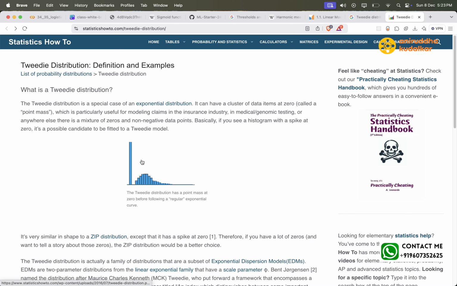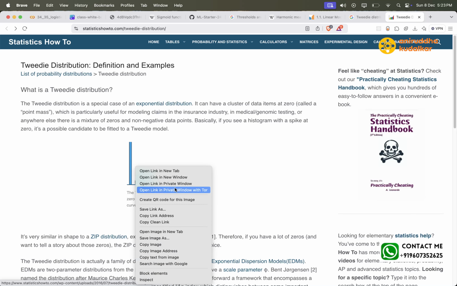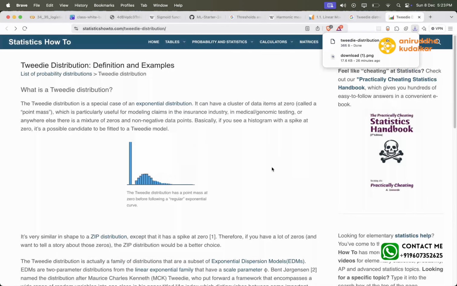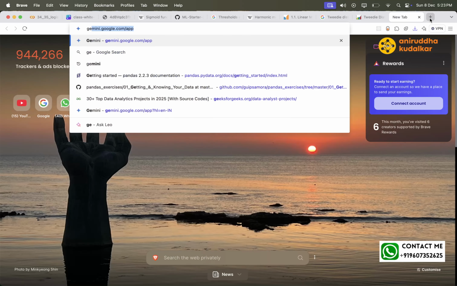Use ChatGPT. Now let's save this image as desktop. Open Gemini.